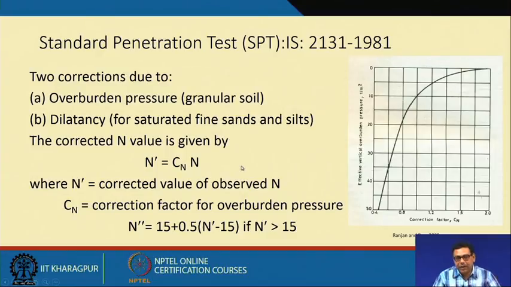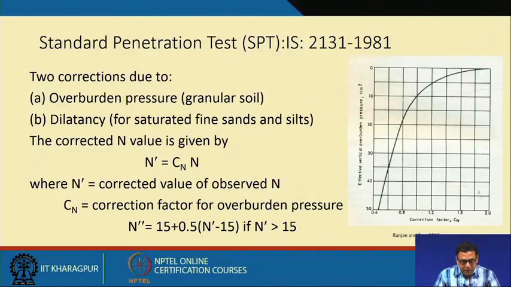After applying the dilatancy correction, our measured N value will further decrease. If the N dash is 25, after applying the dilatancy correction it will become 20. So we are reducing the N value further.